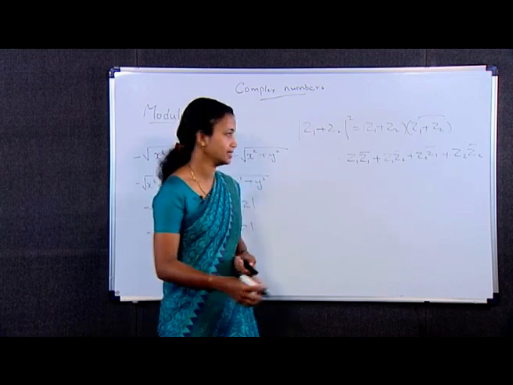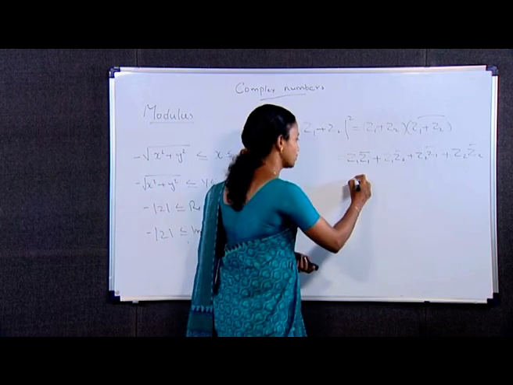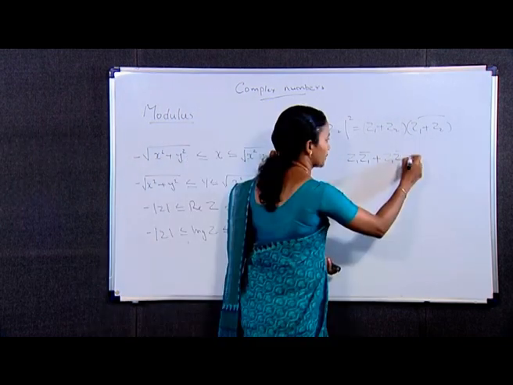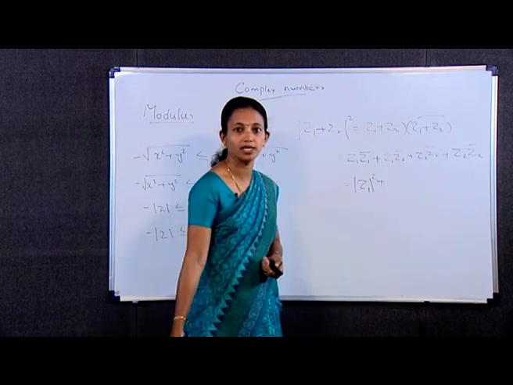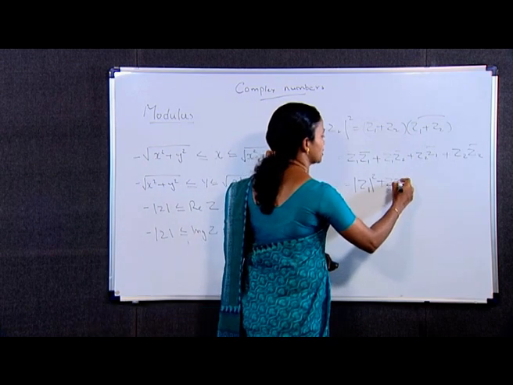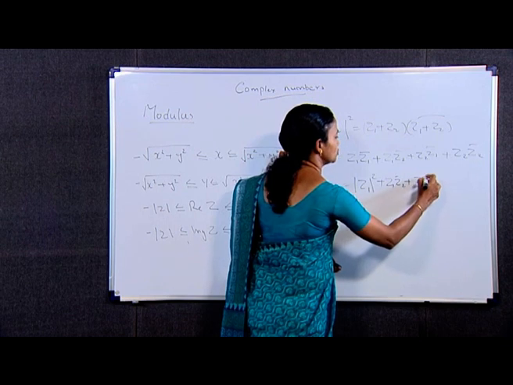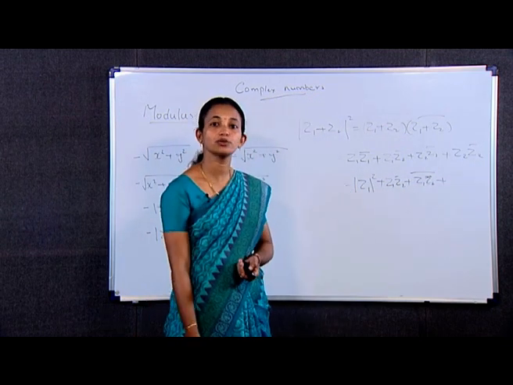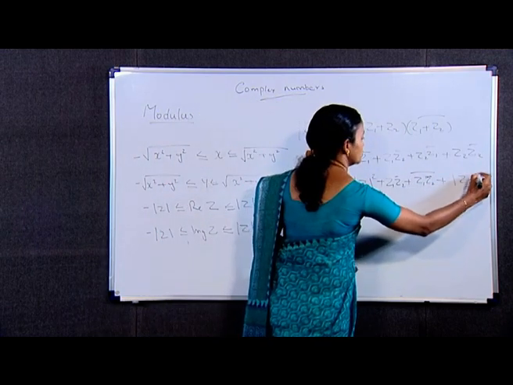Here z1 z1 conjugate is mod z1 square, z2 z1 conjugate we can write as the conjugate of z1 z2 conjugate, and z2 z2 conjugate is mod z2 square.